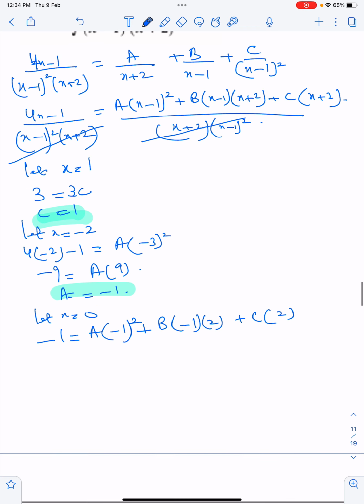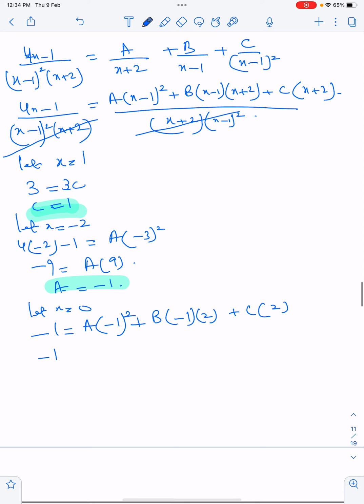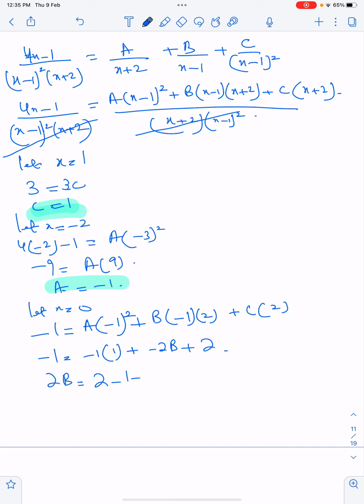Okay, let's substitute the value of a and c into this to get the value of b. A was negative 1 into 1, plus minus 2b, plus the value of c is 1, so 1 into 2 is 2. Okay, 2b equals 2 minus 1 plus 1. 2b is equal to 2, b equals 1.